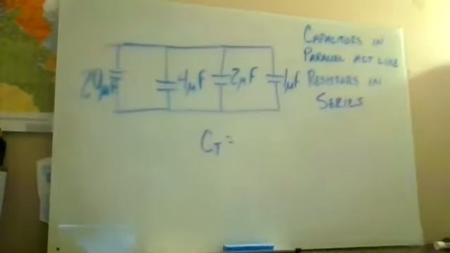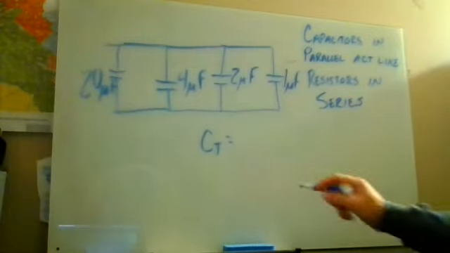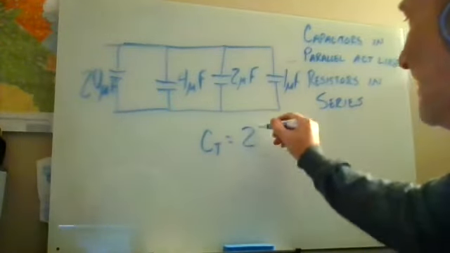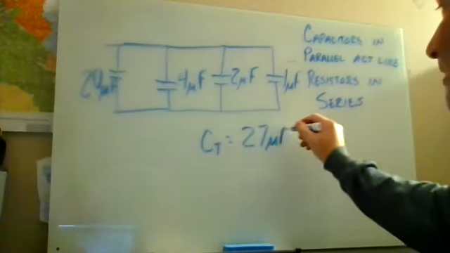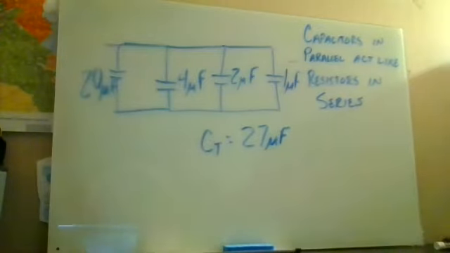And those are all microfarads. 27 microfarads. See, look at this guy, man. He's on it. 27 microfarads. That's 20 plus 4 plus 2 plus 1 is 27.